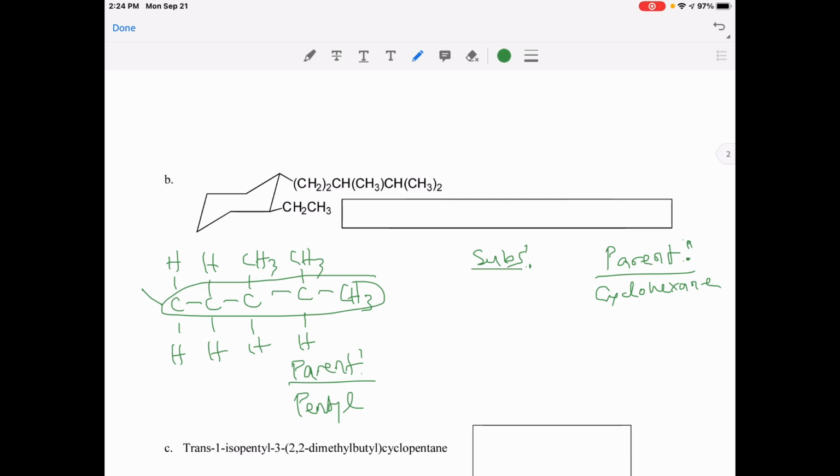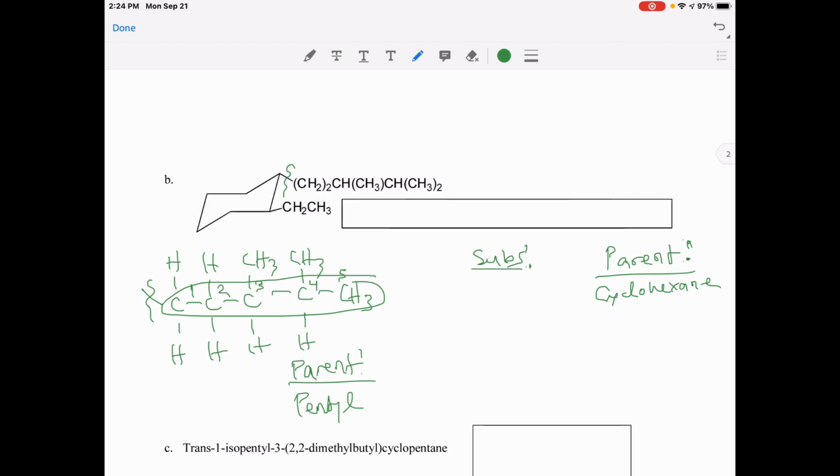Since we're starting from the carbon closest to the cyclohexane ring, we can number it like this. Using this numbering, we find that there are 2 methyl groups, one on carbon 3 and one on carbon 4.